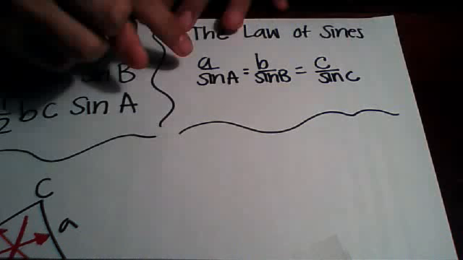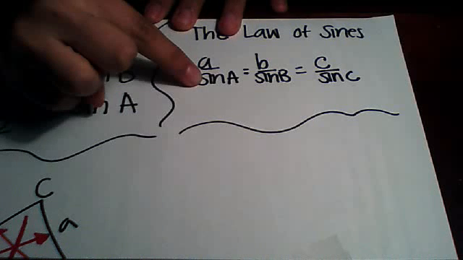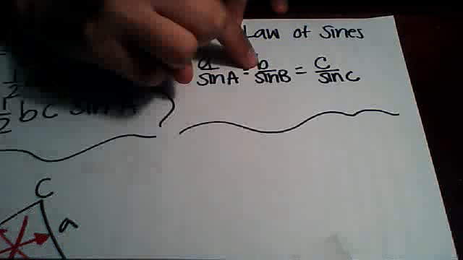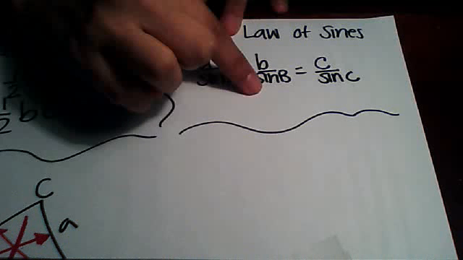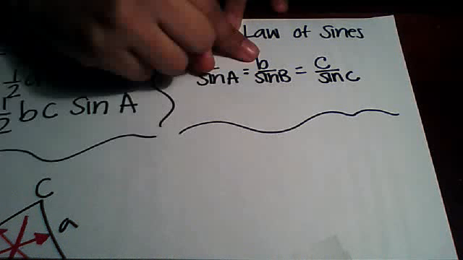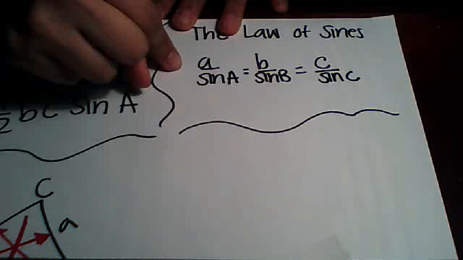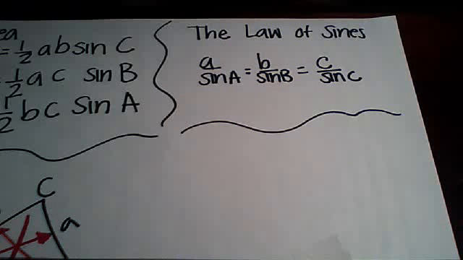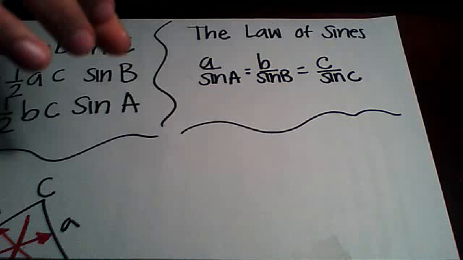So if you have, let's say, these two, then you can find either one of these. Let's say you're missing B, then you would use what you have and plug in.